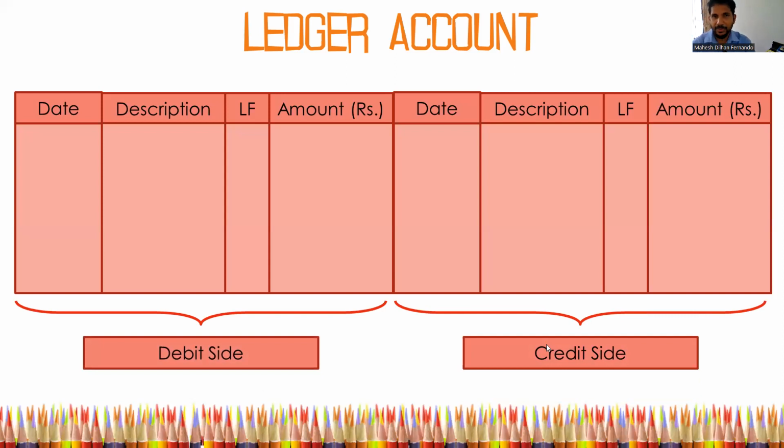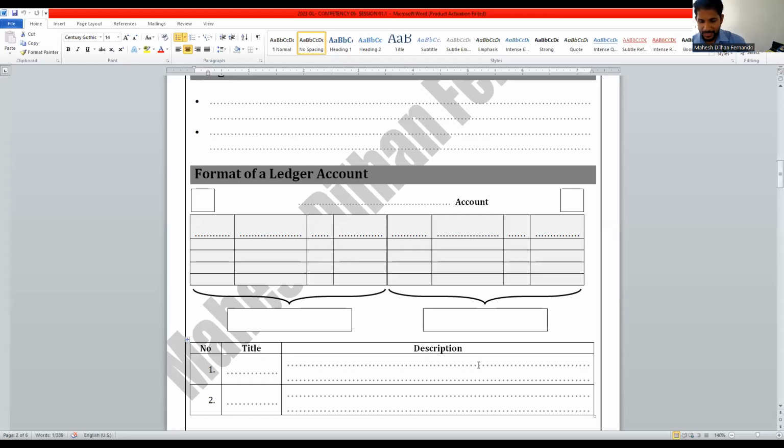Right? Normally, let's say you have to write the name of the account here. You have to write the name of the account. Let's put sales here. Here we write sales account. And here we have the date.